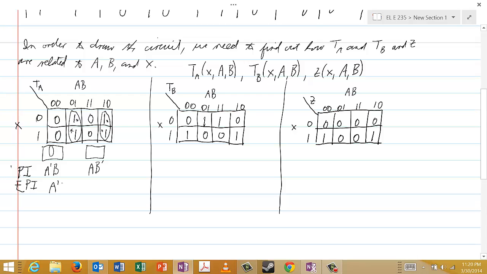So we have A prime B is essential, and so is AB prime, and therefore the minimal sum will simply be T sub A of X A B is equal to A prime B or AB prime.